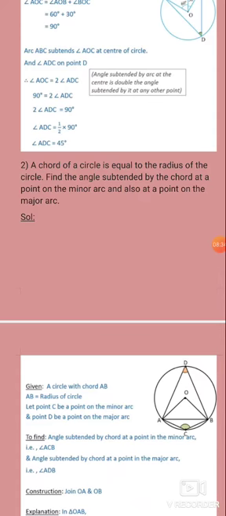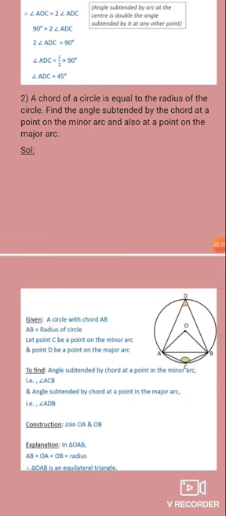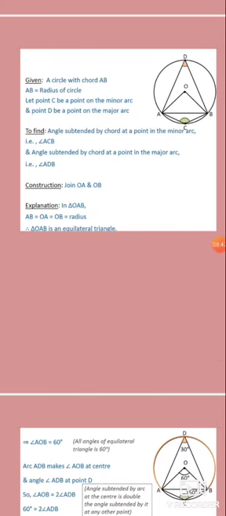For that construction, join OA and OB. Now triangle OAB is an equilateral triangle. Okay, that we discussed. Now listen carefully here. Angle AOB is equal to what? 60 degrees. Why is it 60 degrees? All the angles of an equilateral triangle are 60 degrees each.